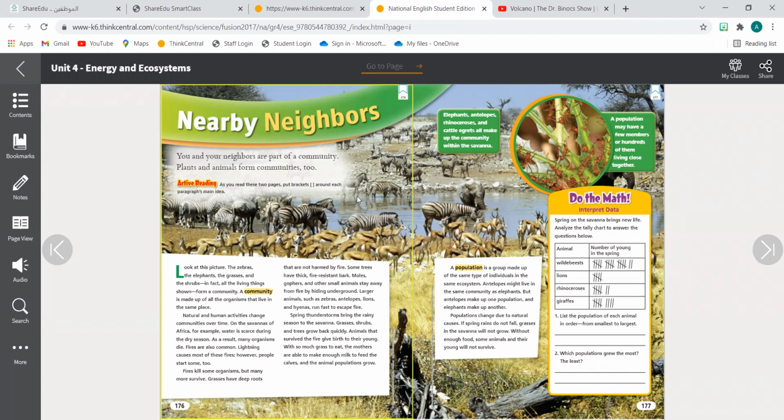Populations. Now, let me tell you about the population of zebras living with the population of deer, living with the population of rhinos, and the population of elephants. All four populations live together. What do they make when they live together?